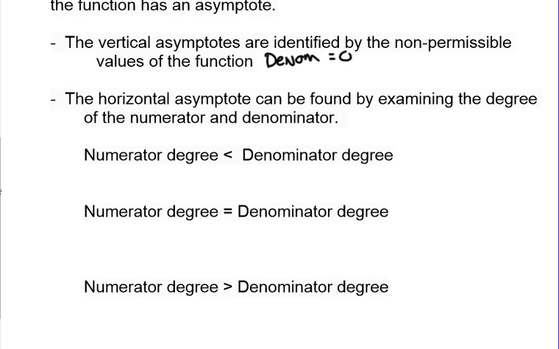So if I had something like x plus 2 over x plus 3, my denominator gives us those vertical asymptotes. If I set that equal to 0, I find that at x is equal to negative 3, that is where my vertical asymptote exists.